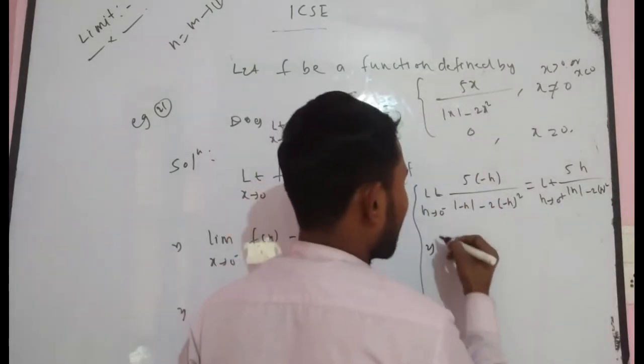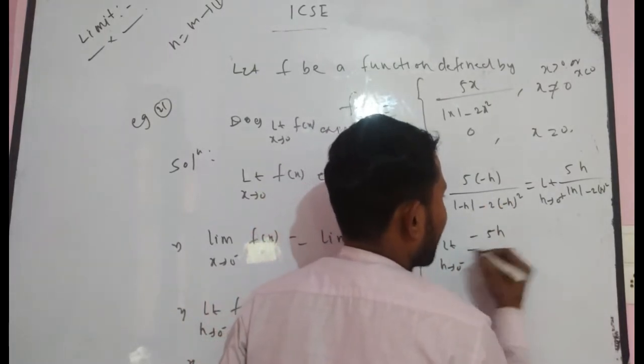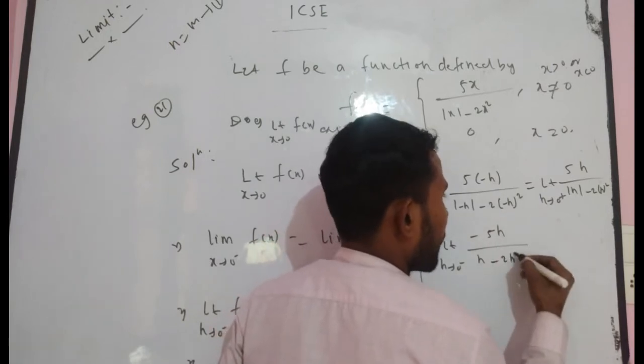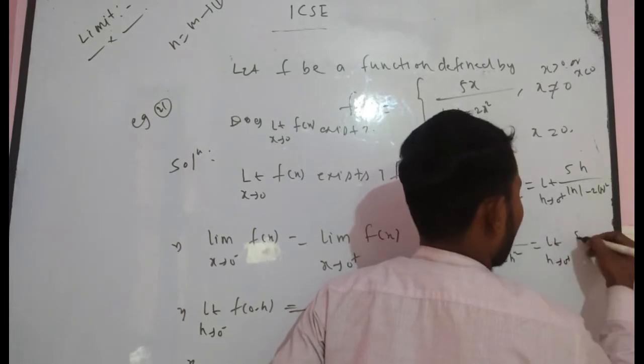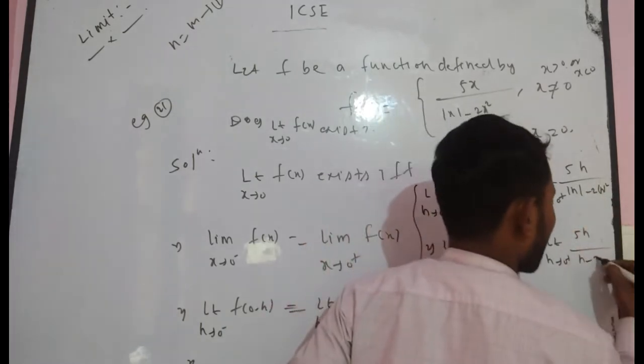That implies limit from the left hand side it will be minus 5h divided by mod minus h, which is h, minus 2h square, equal to limit h tends to 0 from the right hand side 5h divided by mod h, minus 2h square.